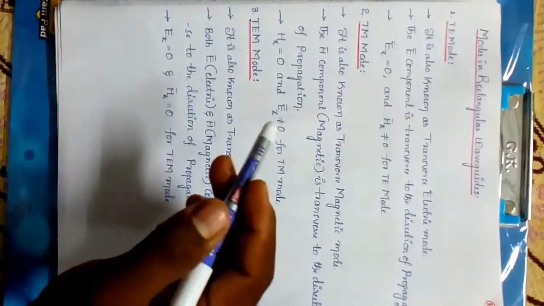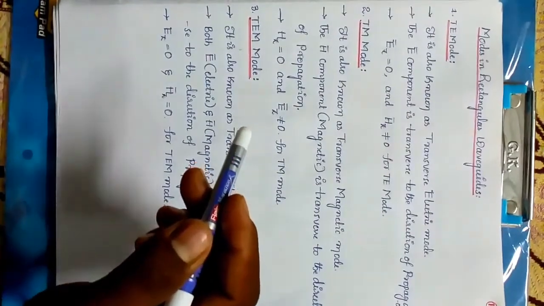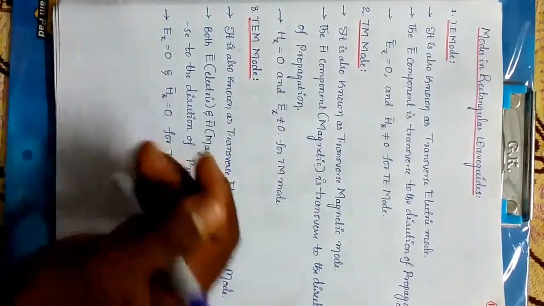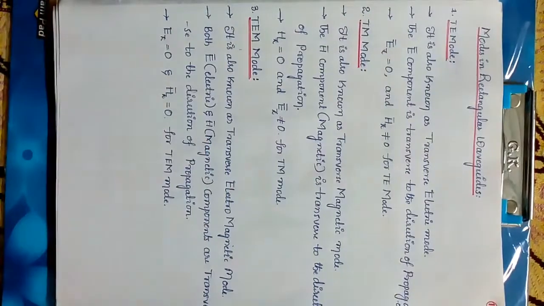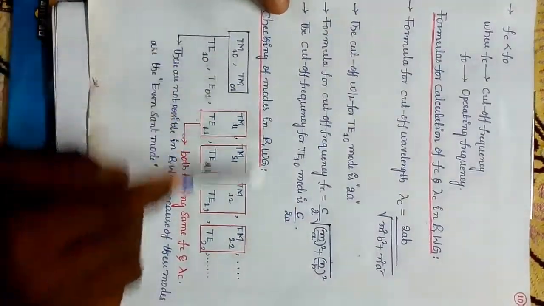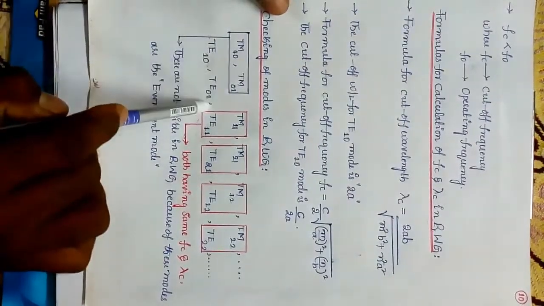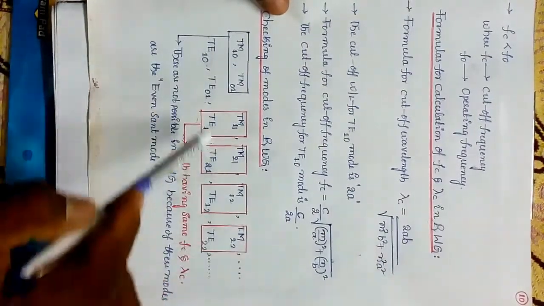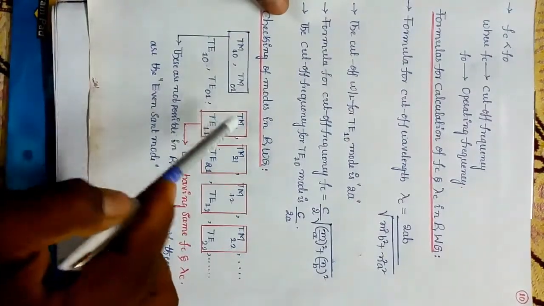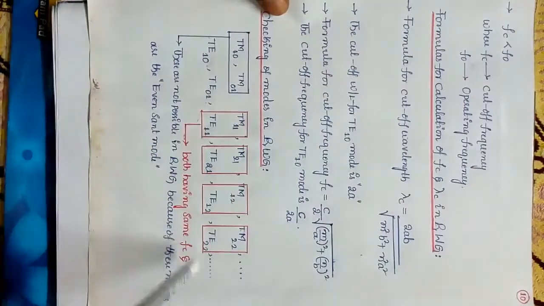Once again, how and why do these 2 modes exist? I discussed this in the previous lecture. These 2 modes exist, and the remaining modes also exist. Why? Because these 2 modes form a pair, having the same cutoff frequency and the same cutoff wavelength.